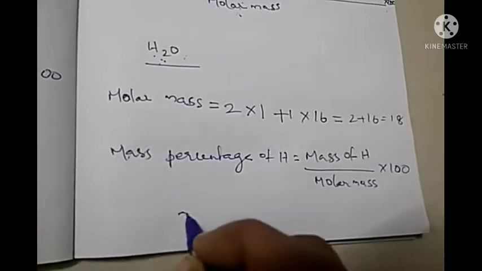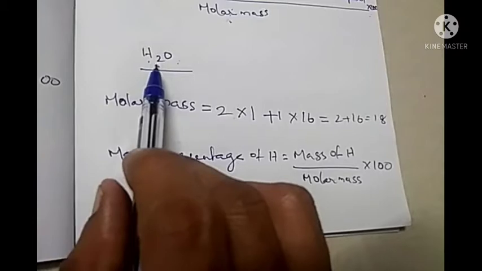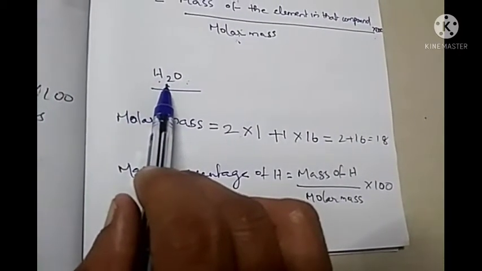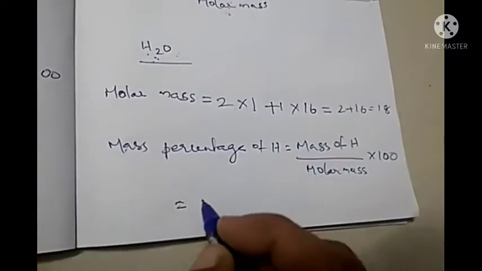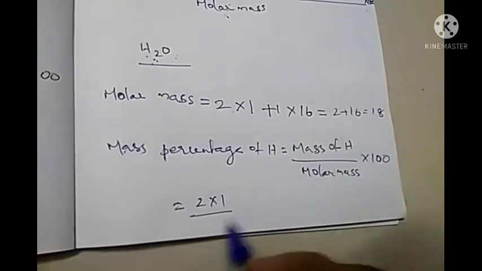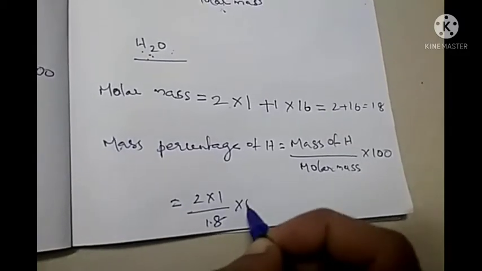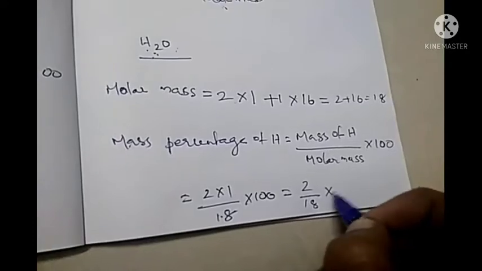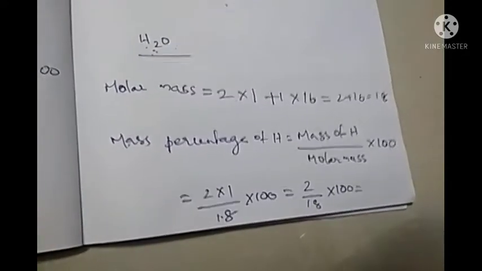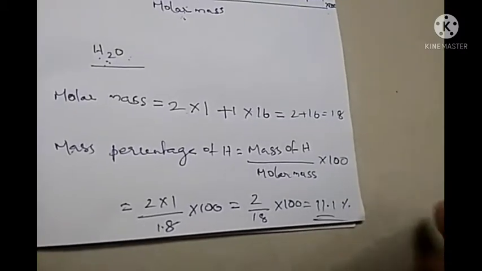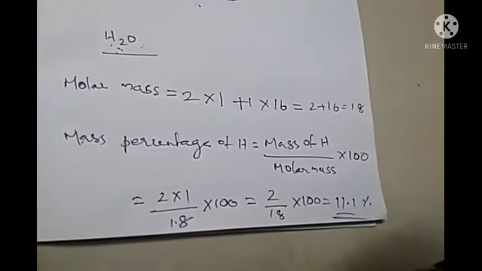When we substitute the values, the mass of hydrogen in this compound is 2, since 2 atoms are there and the atomic mass of one atom is 1. So 2 into 1 divided by molar mass, which we calculated as 18, into 100. That is equal to 2 divided by 18 into 100, which is equal to 11.1 percent. That is the percentage of hydrogen in water.